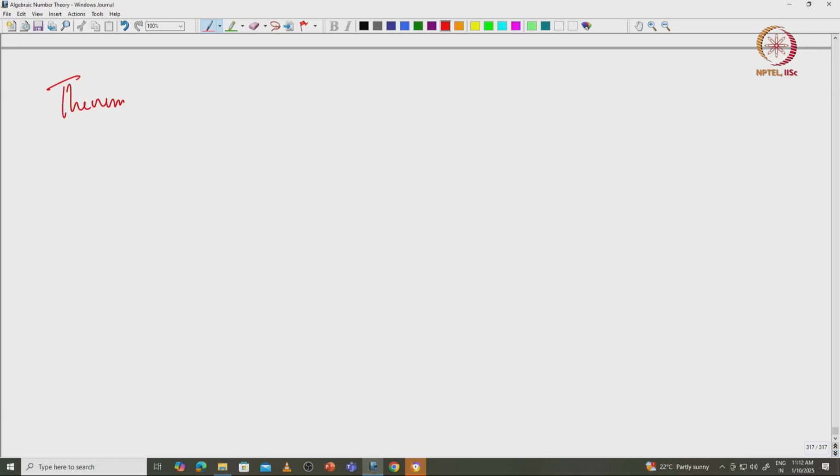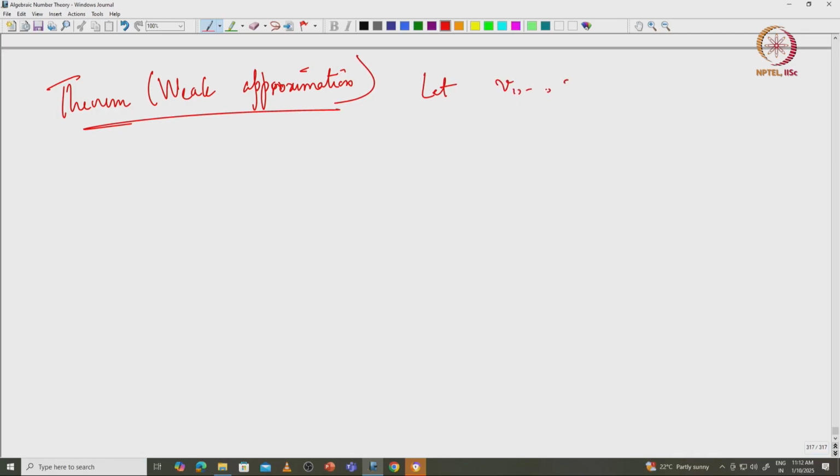So, here is a theorem, this is called weak approximation. Okay. So, let V1 up to Vm be distinct places of K. So, they could be Archimedean places, they could be non-Archimedean places.